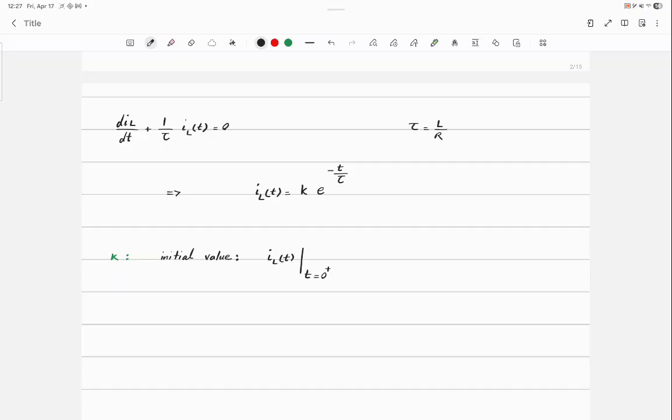So they are equal. But that's the initial value. For this specific circuit, it doesn't matter which one you choose. Because it's an inductor, the current cannot change abruptly and both of them have equal values. But what if it was a resistor? Then it could jump, okay? So remember that this is IL 0 positive.